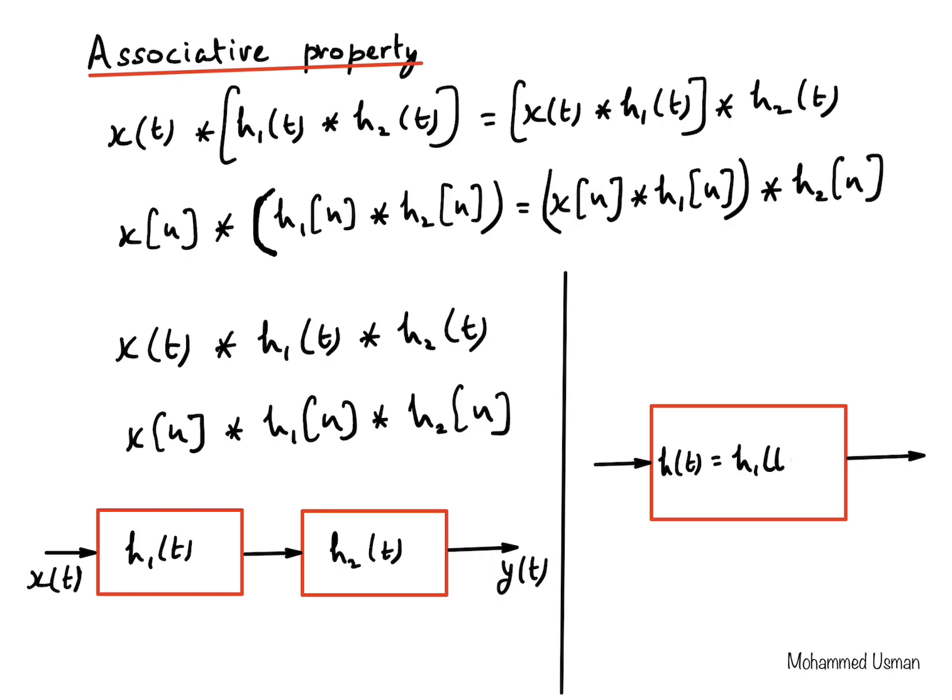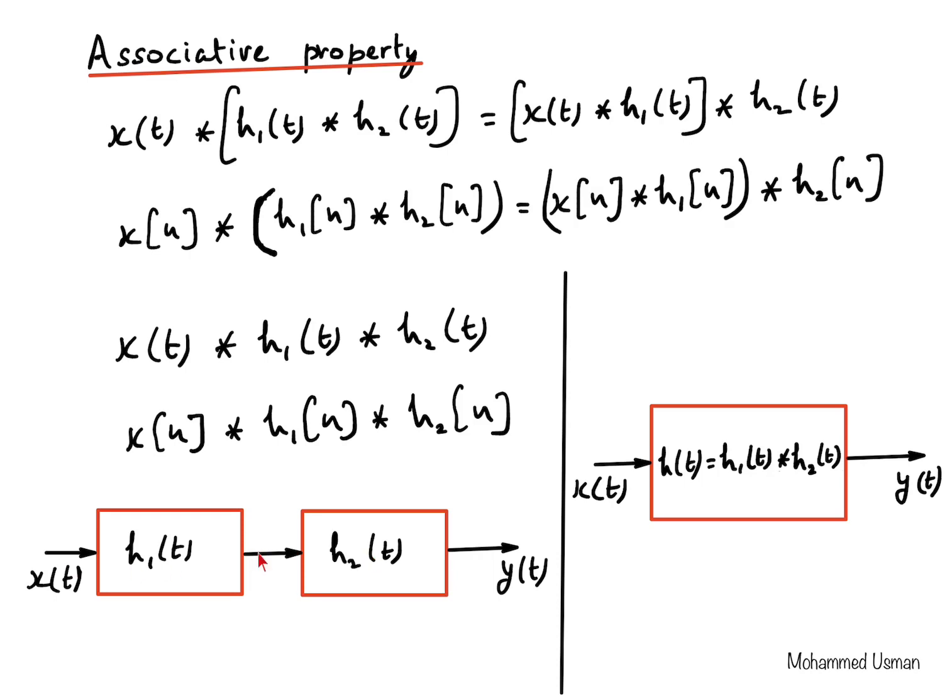Let me write that clearly. So h of t equals h1 of t convolved with h2 of t. So when this system is given an input x of t, it will produce the same output y of t as the series systems here.